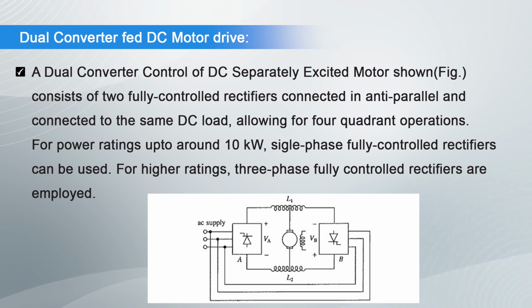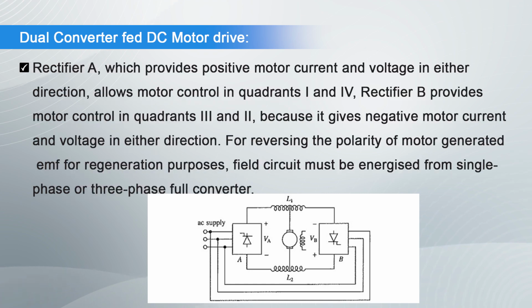For power rating up to 100 kilowatt, single phase fully controlled rectifier can be used. For higher rating, 3-phase fully controlled rectifiers are employed. Rectifier A, which provides positive motor current and voltage in either direction, allows motor control in quadrant 1 and quadrant 4.